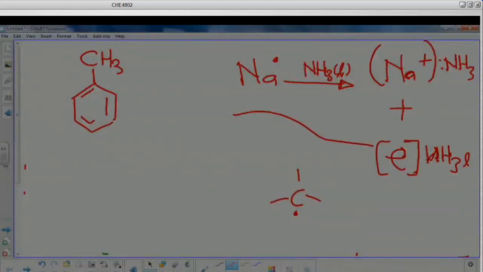One more. So a free radical is electron rich or electron deficient? Deficient. How many electrons deficient? One electron deficient.